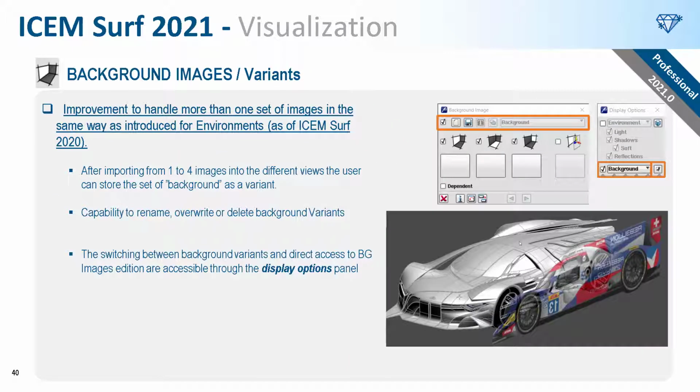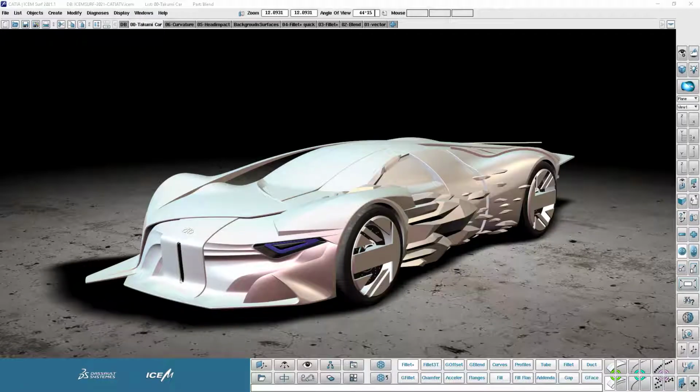And also for background image, we've added this exciting enhancement to be able to offer a set of variants for our images. So you can import lots of images into your backgrounds and give them different names for different use cases, for example. It's much easier to show you rather than try to explain.